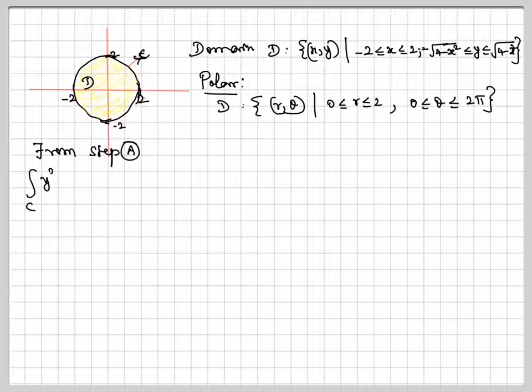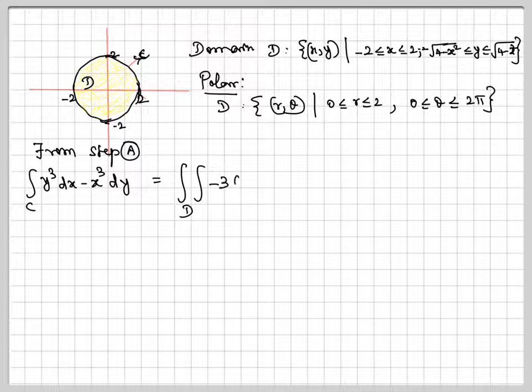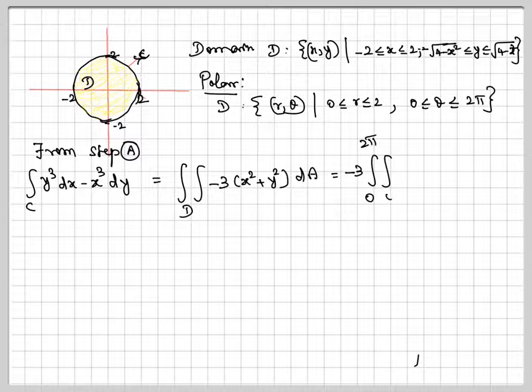From the previous step, the integral over C of y cubed dx minus x cubed dy equals the double integral over D of negative 3 times (x squared plus y squared) dA, which when converted to polar gives us negative 3 times the integral from 0 to 2 pi, r from 0 to 2, of r squared, and dA changes to r dr d theta in polar coordinates.